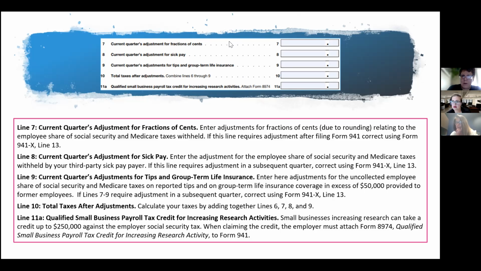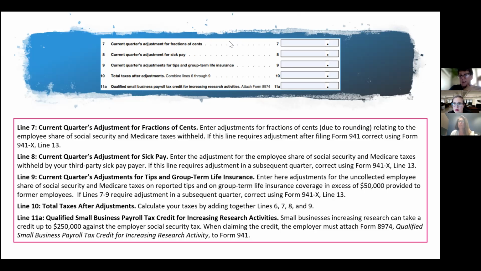And it's the same thing with reported tips. You know that they've made this much in tips, and you have to report it, but they've already quit, so you didn't get to collect any Social Security and Medicare taxes on that last check, because maybe they already got their last check and they didn't report their tips.